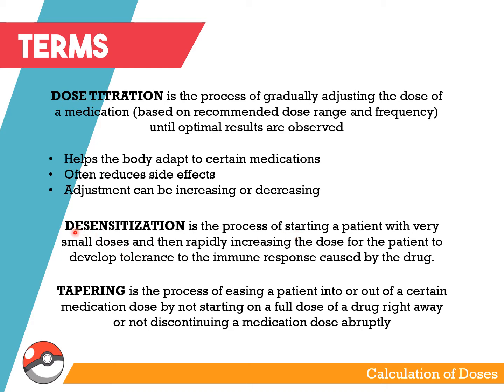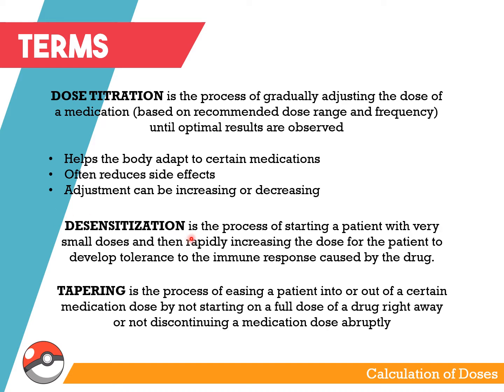So when we say desensitize, it means that we take out the effect from the body, like the body is desensitized, so that the medicine will no longer take effect.